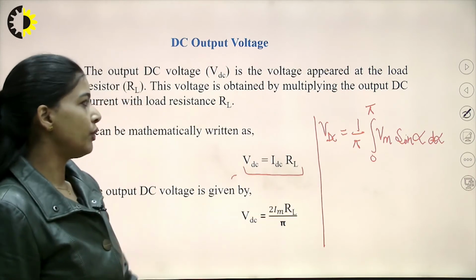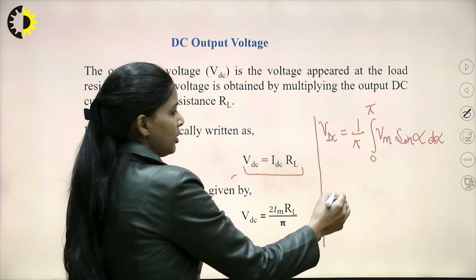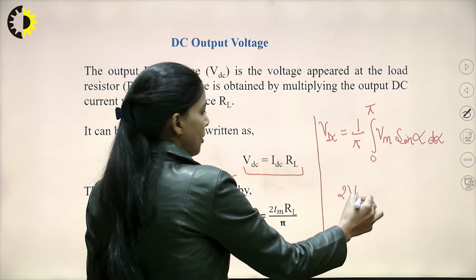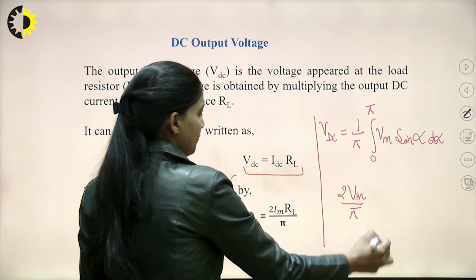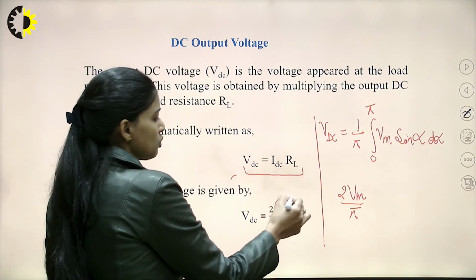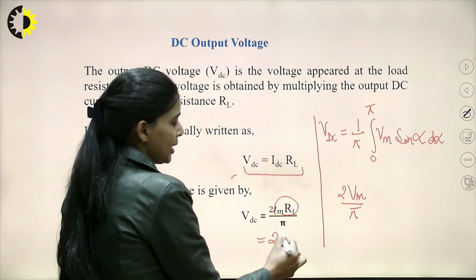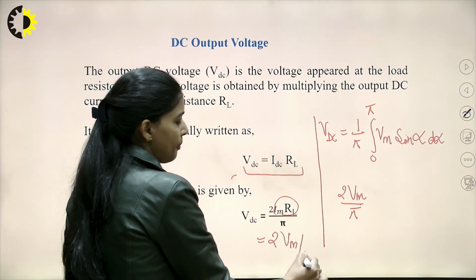From here we get the VDC as 2 Vm upon pi. From here also we can write the same. Im into RL is Vm. So, from here we can write as 2 Vm upon pi.